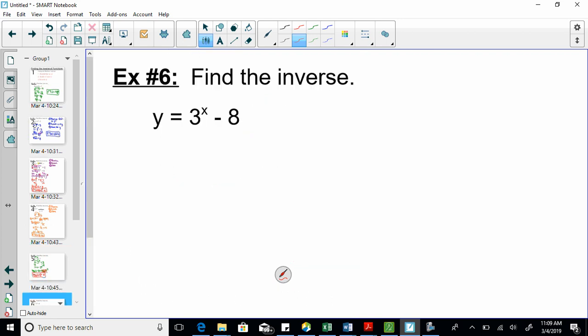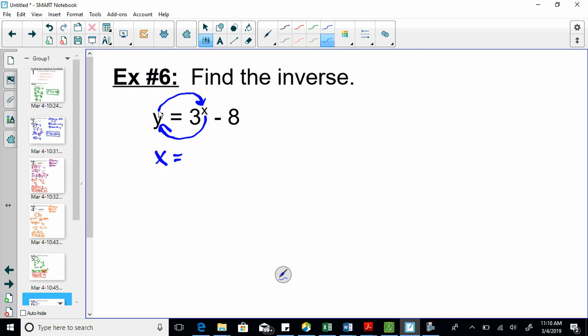So example 6. Once again, we're going to find the inverse. This time I have y equals 3 raised to x minus 8. And once again, the first step is already done for us. We don't have to do y equals, because it's already y equals. We go straight to switching x and y. So y goes over here, x goes over there.